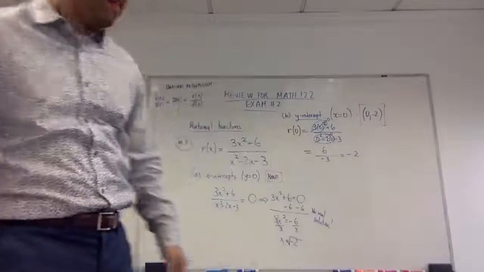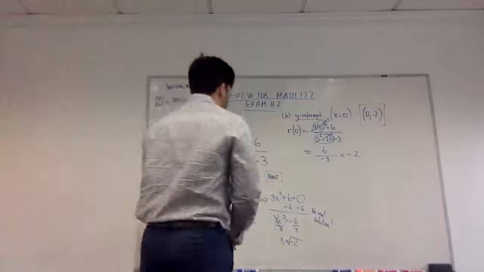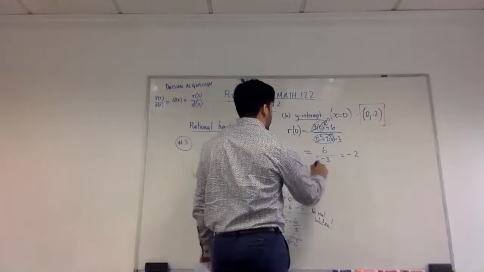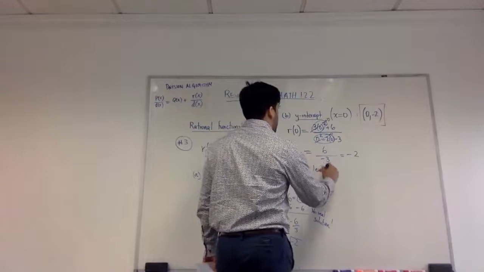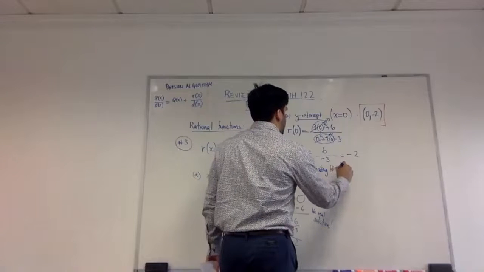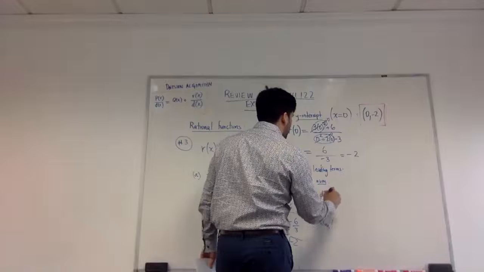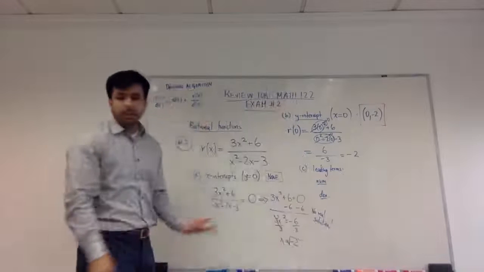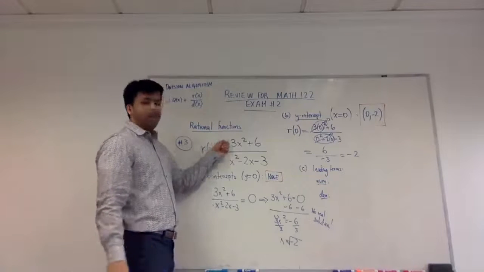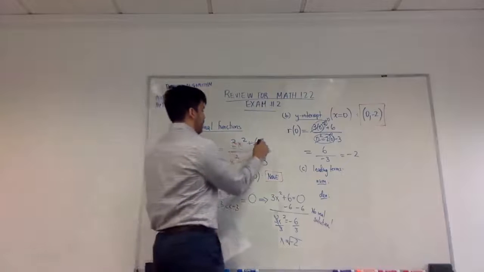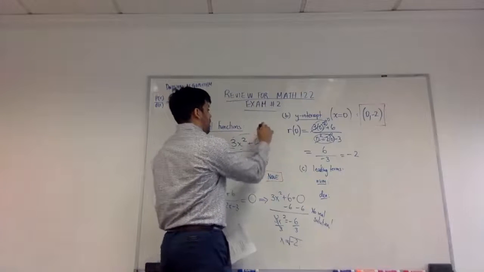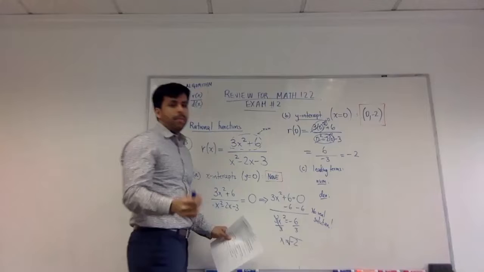So part C, I want to figure out what are the leading terms for the numerator and the denominator. So we look at my numerator, which is up here. My numerator is this guy. And what's the leading term?